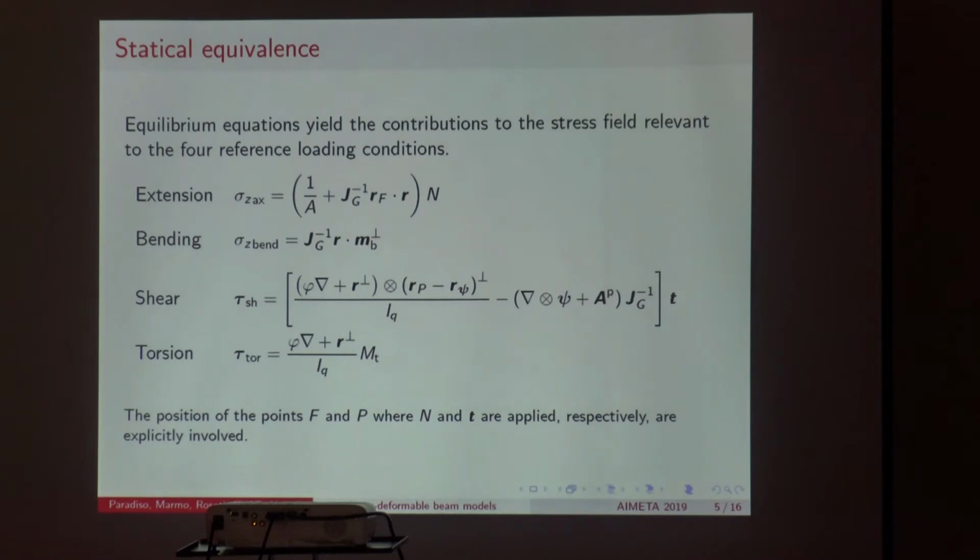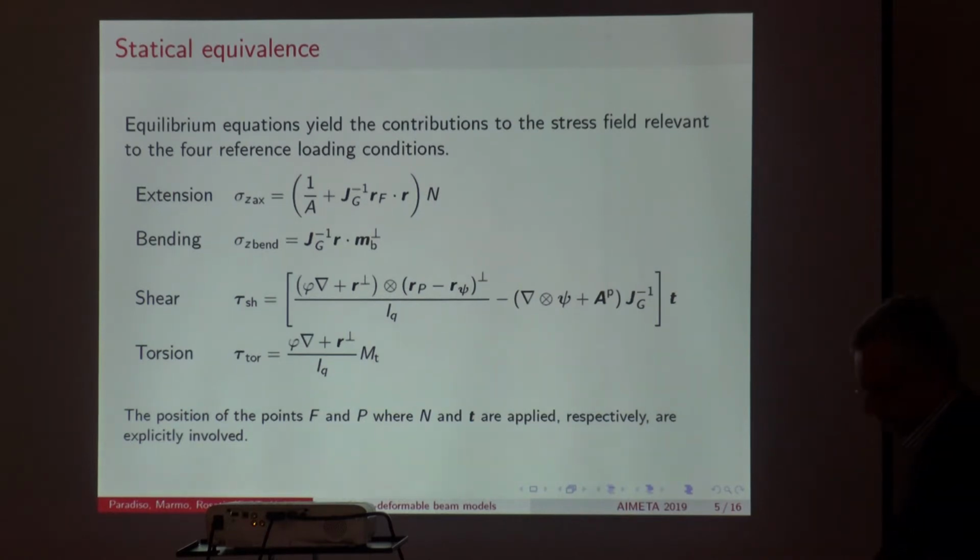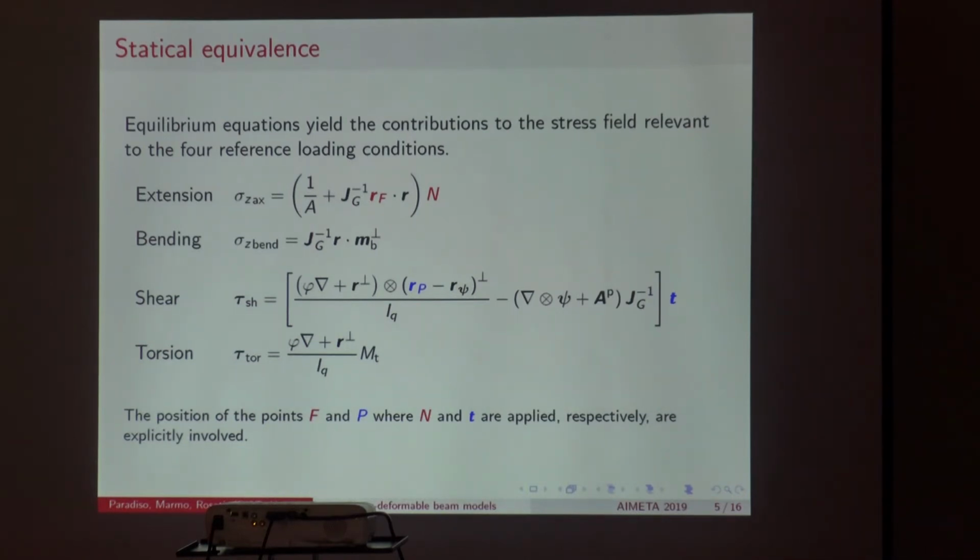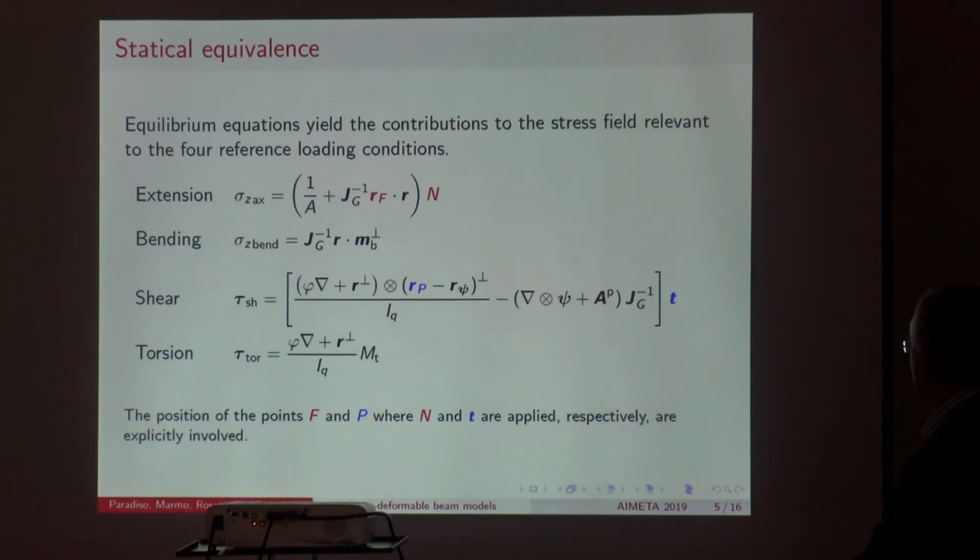These three functions are obtained by solving three Neumann problems over the section. So you have to solve preliminarily three Neumann problems over the section of your beam model. And of course, we are supposing that this preliminary stage has been accomplished and you know these three harmonic functions.